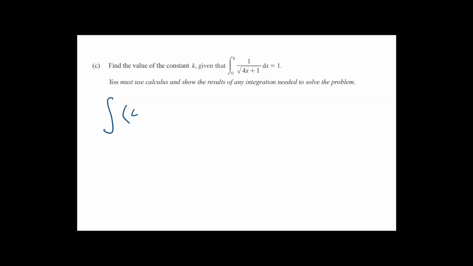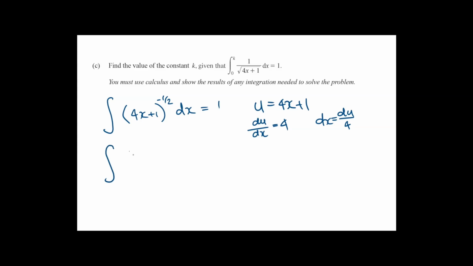Let u be equal to 4x plus 1, and that means that du/dx is going to equal 4, and that means that dx at the end here we can substitute with du over 4.